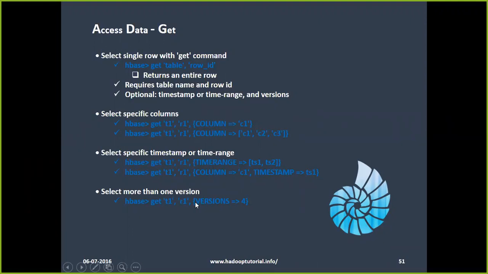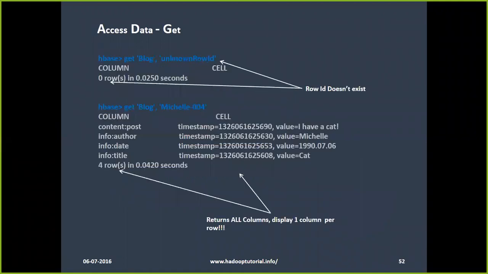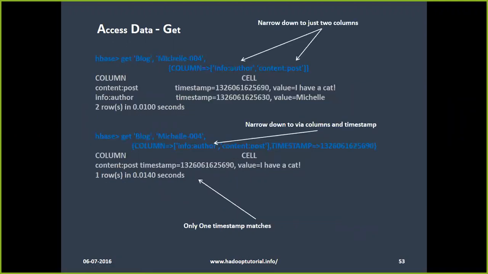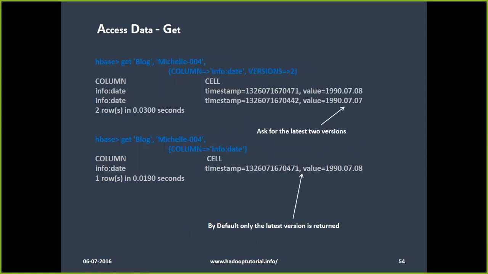You can select more than one version as well. Okay. If you give an unknown row ID, you will get 0 results. And if you want to select the columns, this way. And if you want to select the timestamp also, this way. And specifying the versions we have seen.